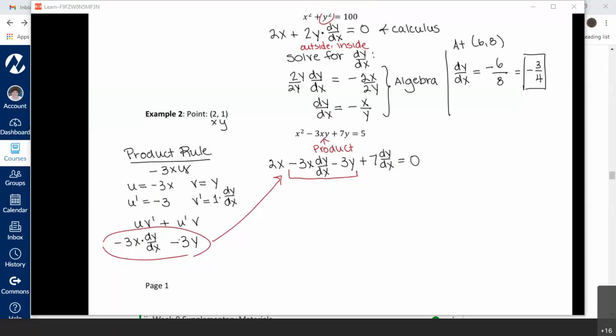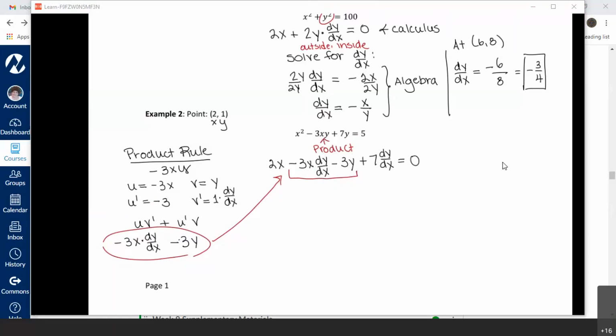So one of the patterns you should see already from doing implicit differentiation: any term with a y in it is going to generate dy/dx, right? In this case, I generated two terms out of the product, and one of them has a dy/dx in it. This y term generated a dy/dx.